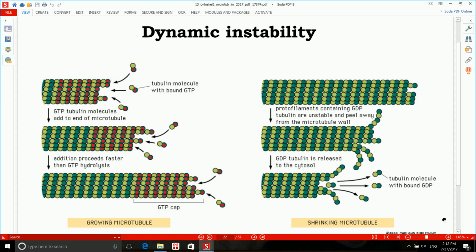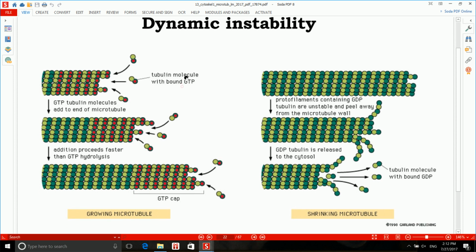To put it in better words, it is called dynamic instability. Dynamic instability is the periodic growing or shrinking of the microtubule or microfilament length due to polymerization or depolymerization. So if, for example, we take the growing part, we have polymerization of that side which is growing.